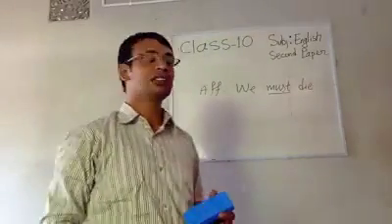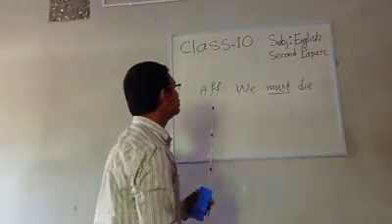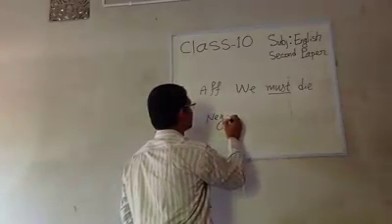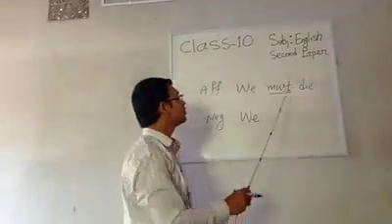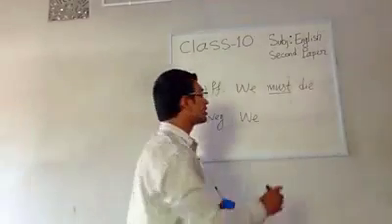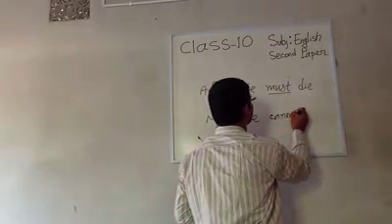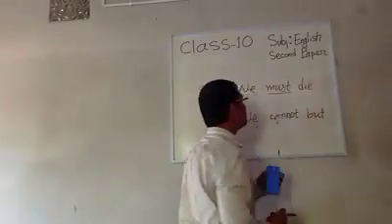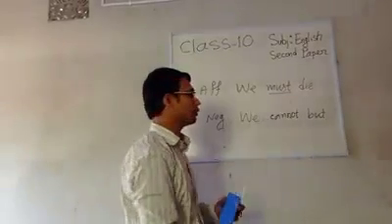When you find the word must, instead of must you have to use cannot but: we cannot but, then after it you use the word or words that came after must.